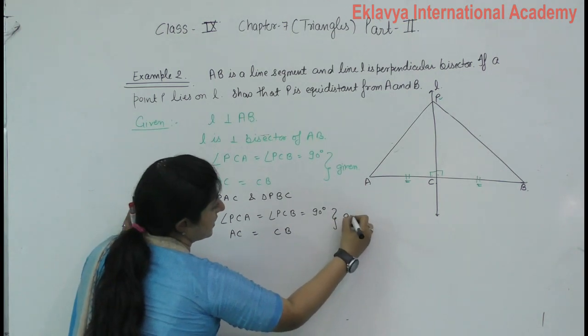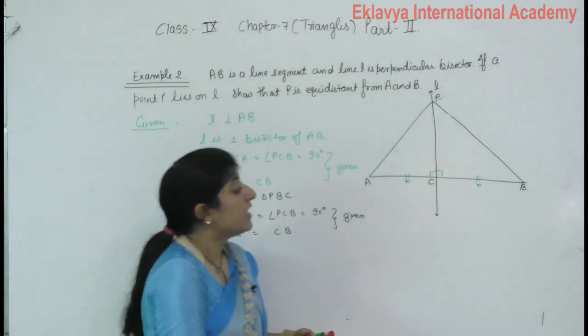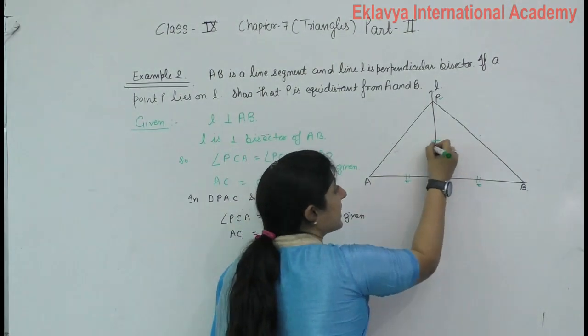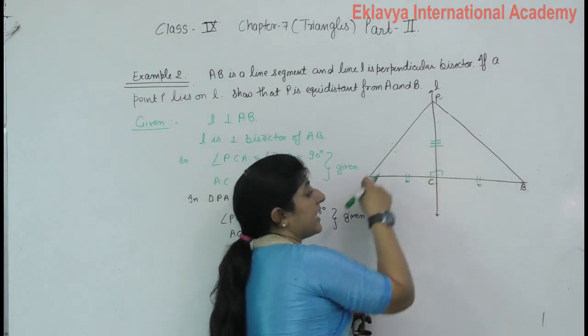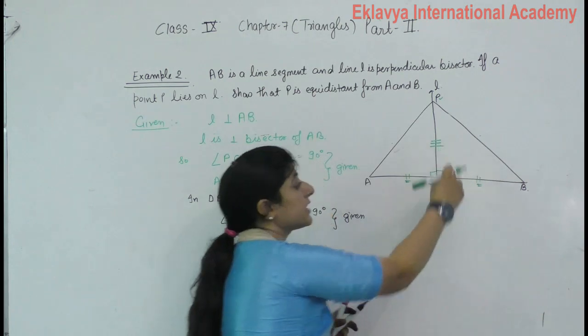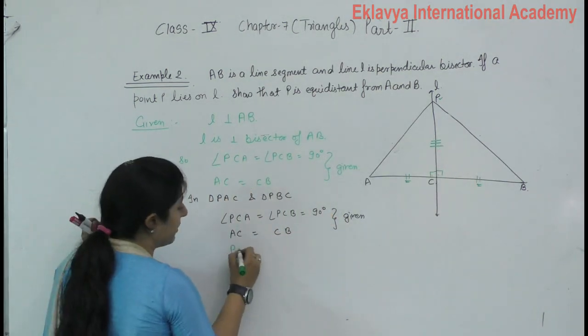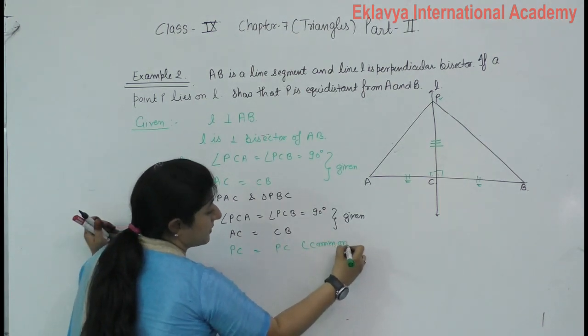This information is given. What can we write as the third piece of information? If you see properly, in both triangles this side is common. In both we include the common side PC. So we can write PC is equal to PC, reason: common.